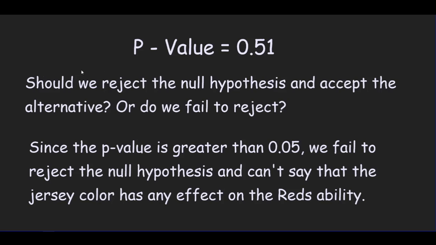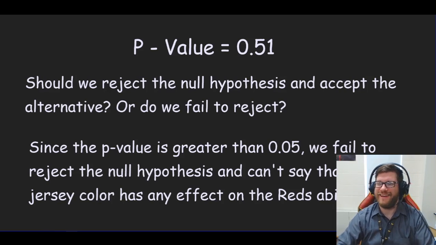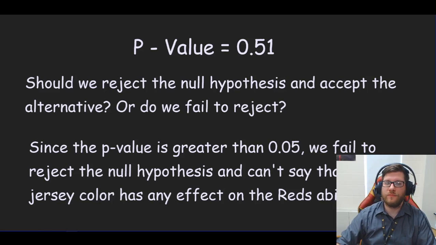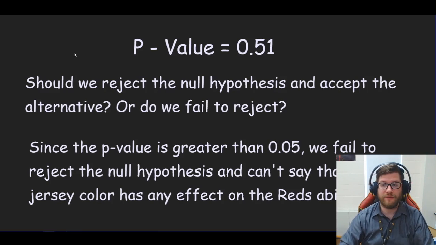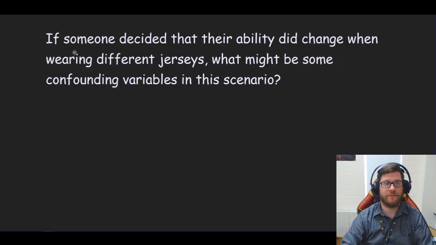So let me come back here. There we go. Hi people. We fail to reject that and say that the jersey color doesn't have any effect on the Reds' ability, or it is not a sort of cause and effect type thing.